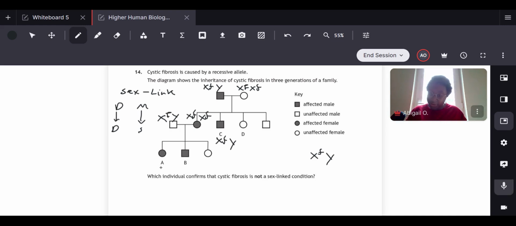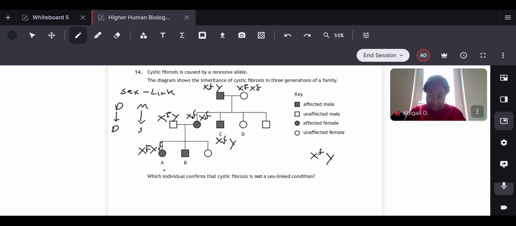But if we look at person A, the father will pass down X big F to the daughter, and the mother will pass down X little f, meaning this person's genotype should be X big F, X little f, which means they should not be affected by the disease. But this diagram is showing us that they are affected by the disease.